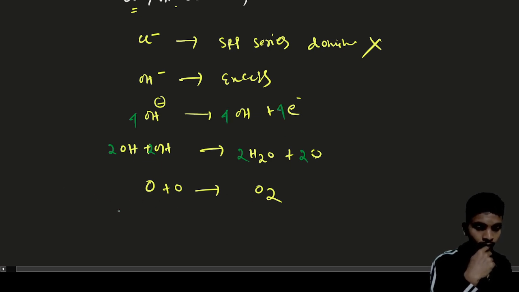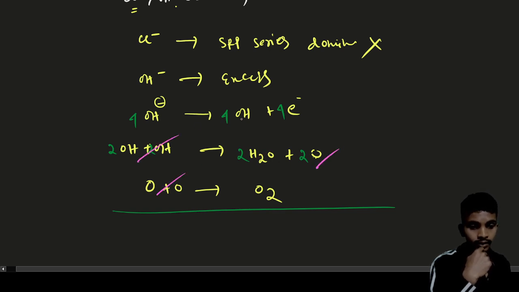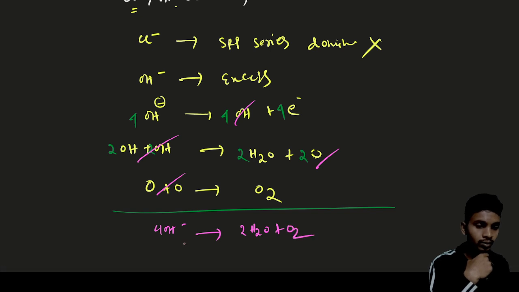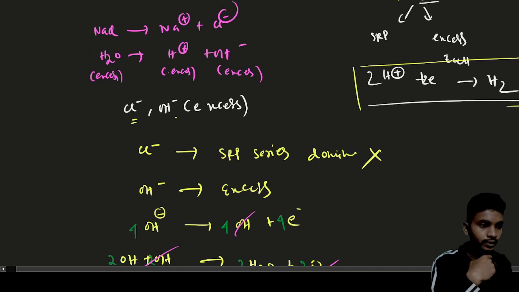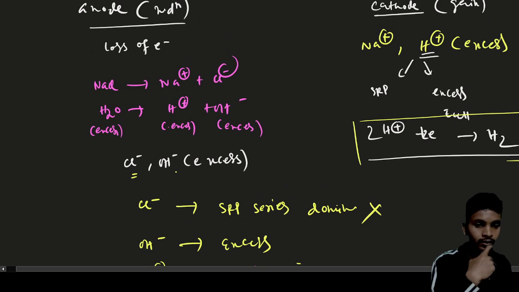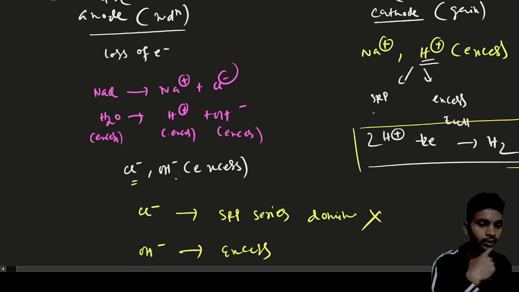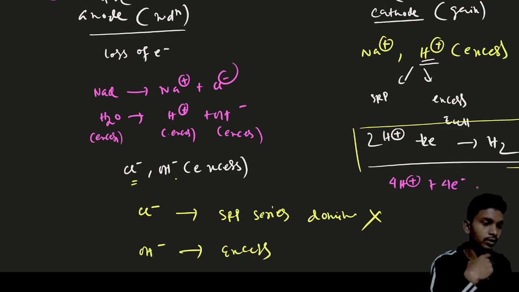The final reaction: this cancels and this cancels, so 4OH minus gives 2H2O plus O2. This is the final reaction. For the cathode, 4 electrons are needed, so I multiply by 2, so 4H plus plus 4 electrons gives 2H2. This is the final reaction.